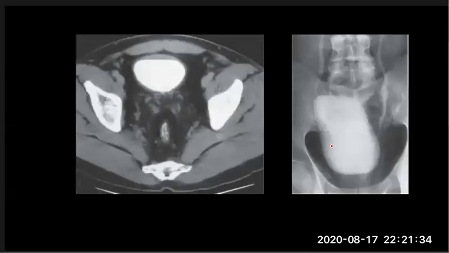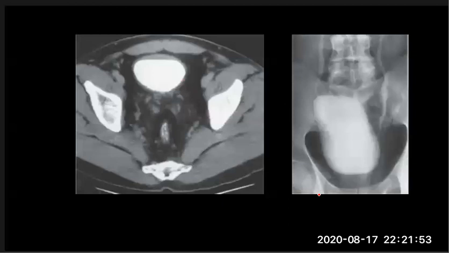What do you see on CT scan? Extensive deposition of fat. You see too much fat in the pelvis, around the rectum and around the bladder base. So this is pelvic lipomatosis.